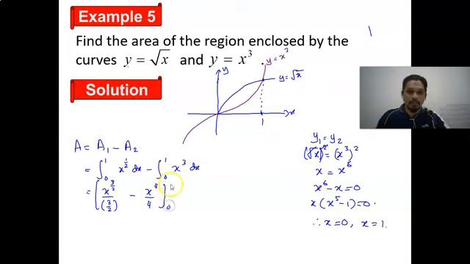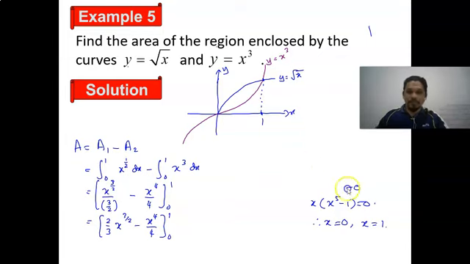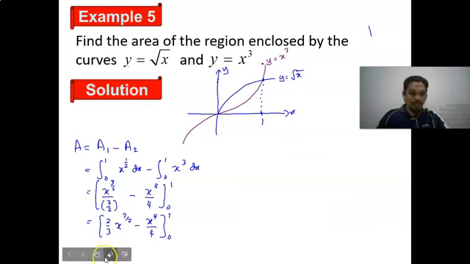Now bring this above here, turn the position upside down, we come up with 2 over 3 x to the power of 3 over 2 minus x to the power of 4 divided by 4 from 0 until 1. I clear all this. And mind, this is a video that you can simply refer to. You can click the buttons of rewind, forward, pause, play, stop. You know all the buttons.